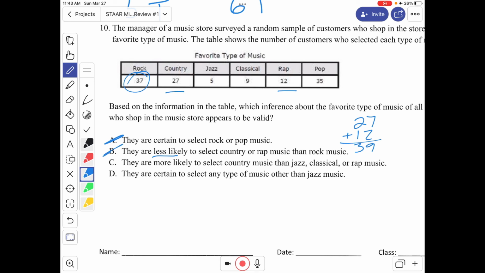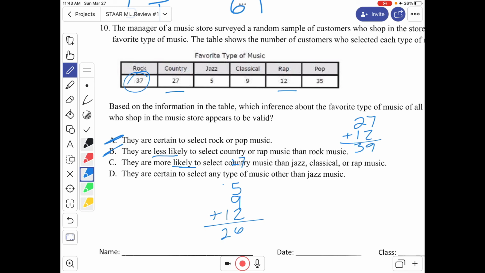C says they are more likely to select country music, which was 27, than jazz, classical, or rap. Well, jazz was 5, classical was 9, and rap was 12. If we add all those together, we get 26. Is 26 smaller than 27?